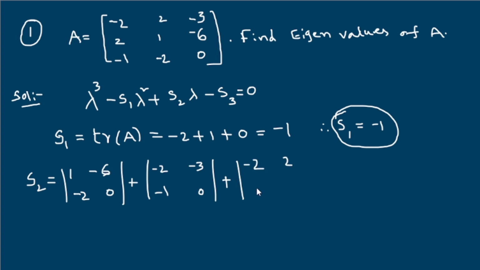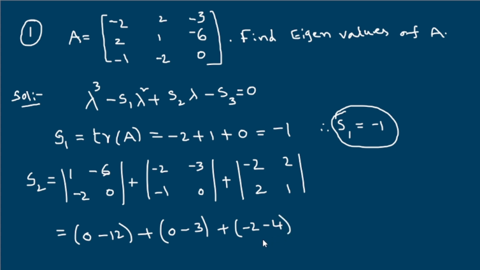The determinants are 0 minus 12, plus 0 minus 3, plus minus 2 minus 4, which is minus 12 minus 3 minus 6, which is minus 21. Therefore S2 is minus 21.